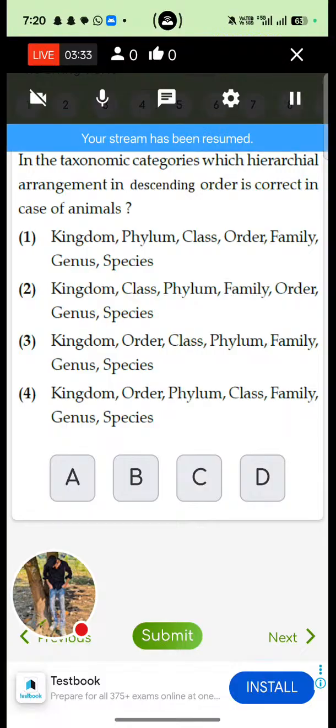And the right answer is kingdom, phylum, class, order, family, genus, species.